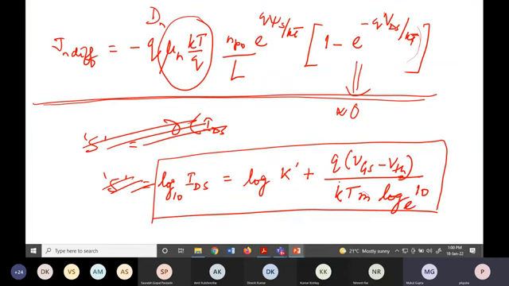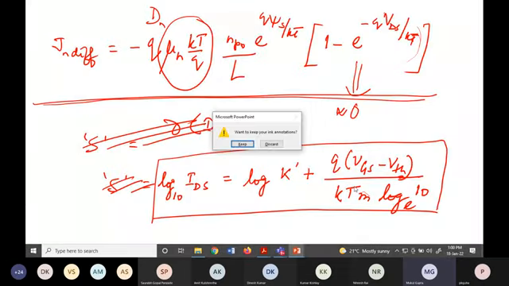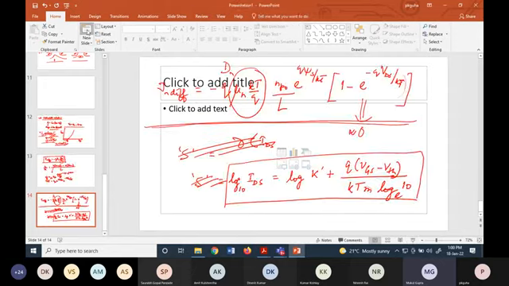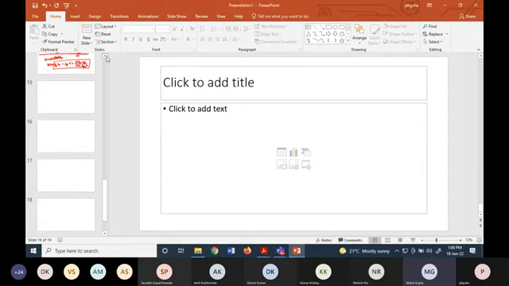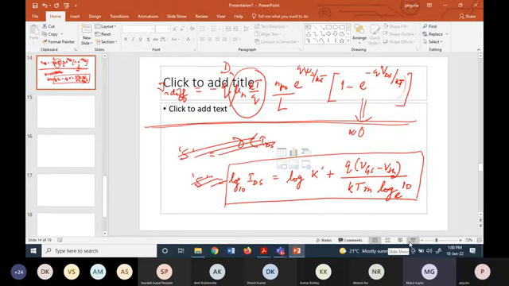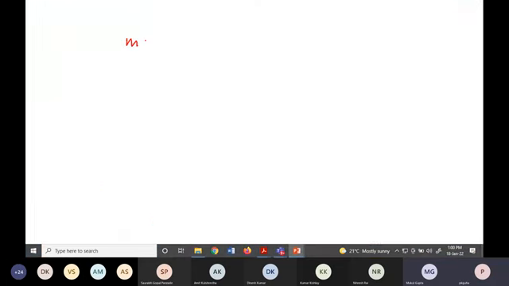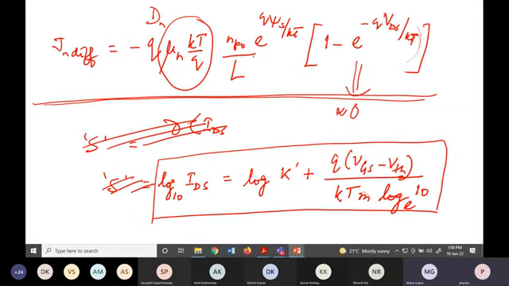What is M? M is basically a factor which is 1 plus CD over Cox. If you keep on breaking it down, you will see that this CD and Cox factor also comes when you replace psi s with VGS, or VG.